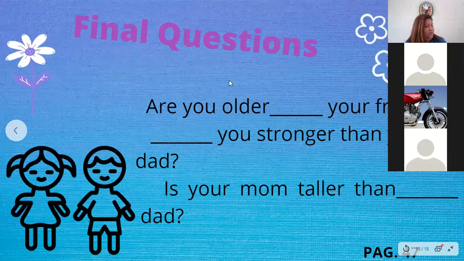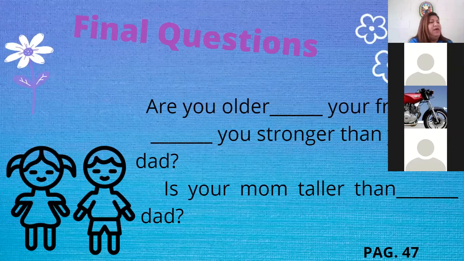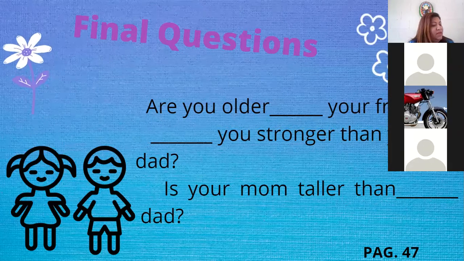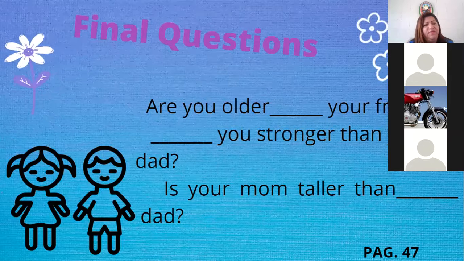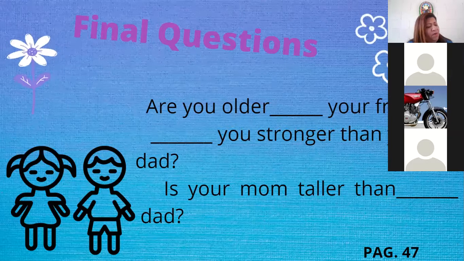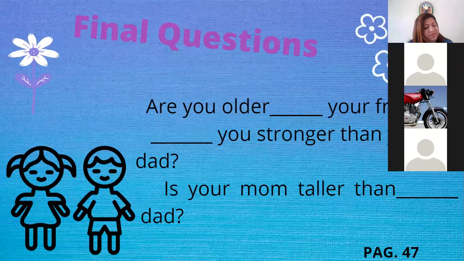This is always in Light on Grammar, page 47. Let's read together the short paragraph that we have over there. It says, is your brother older than your sister? Yes, he is. No, he isn't.